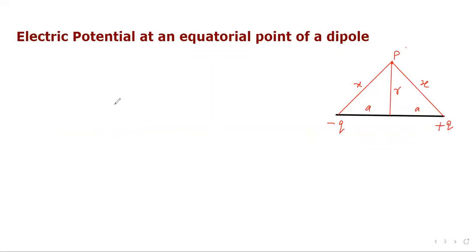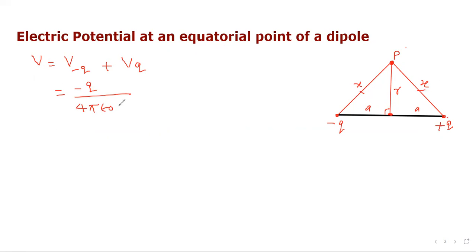Now, let's see electric potential at an equatorial point of a dipole. This is the dipole, and this is the equatorial point. This is the midpoint of the dipole, and this distance x will be equal to the root of a square plus r square. Now, potential at P is suppose V, so V will be due to minus Q plus due to plus Q. So minus Q divided by 4 pi epsilon naught, distance is x.